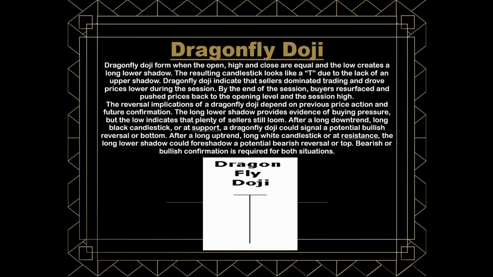After a long downtrend, long black candlestick, or at support, a Dragonfly Doji could signal a potential bullish reversal or bottom. After a long uptrend, long white candlesticks, or at resistance, the long lower shadow could foreshadow a potential bearish reversal or top. Bearish or bullish confirmation is required for both situations.